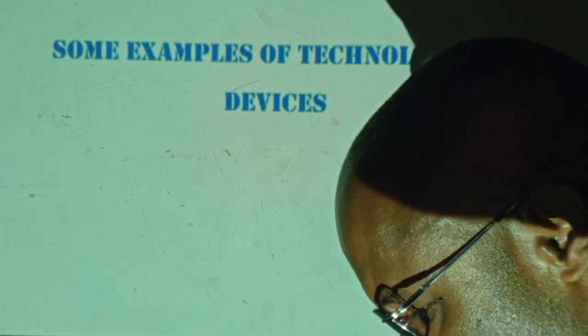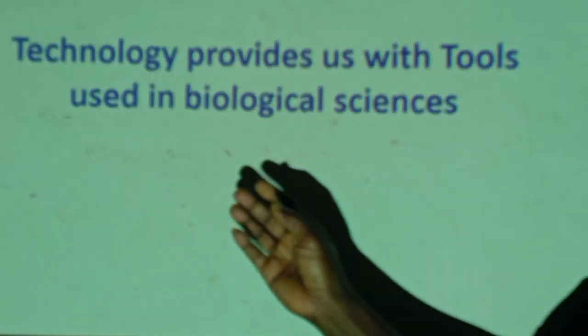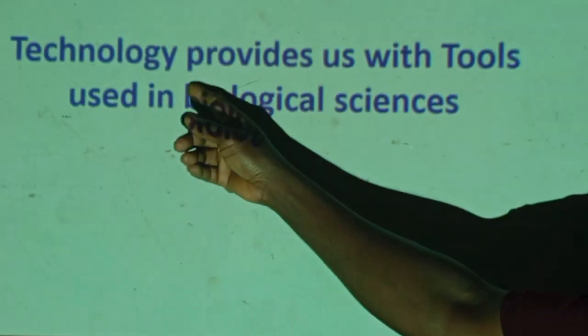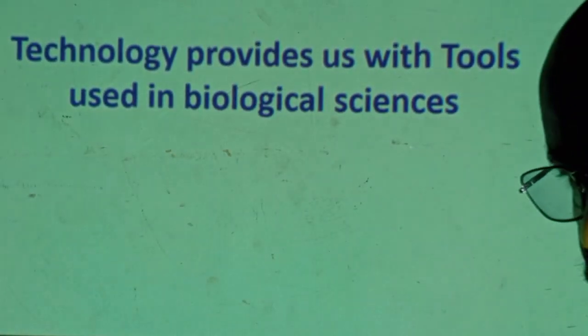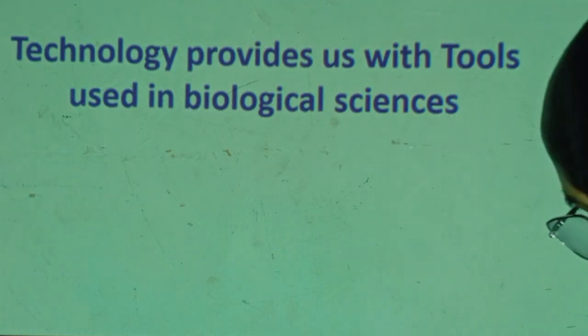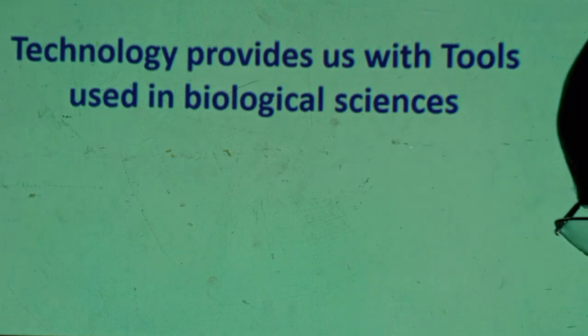And we can start this section by stating this technology provides us with tools used in biological sciences. What are these biological sciences? This refers to a huge area of investigation, study, or application: applied biological sciences, as well as pure biological sciences, which are focused on research.